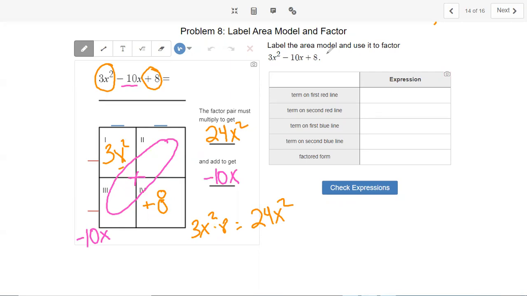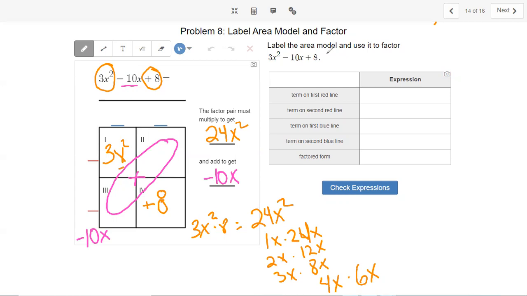So we're going to take 24 and start finding numbers that multiply to it. We're just going to make some lists. For example, 1x times 24x, or 2x times 12x, or 3x times 8x, and 4x times 6x, and all of these will give us 24.